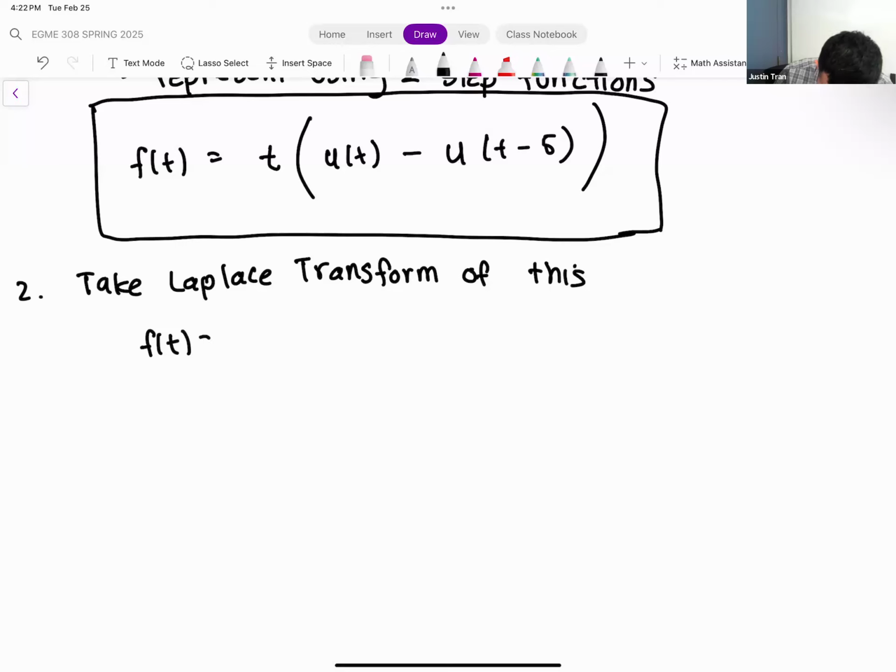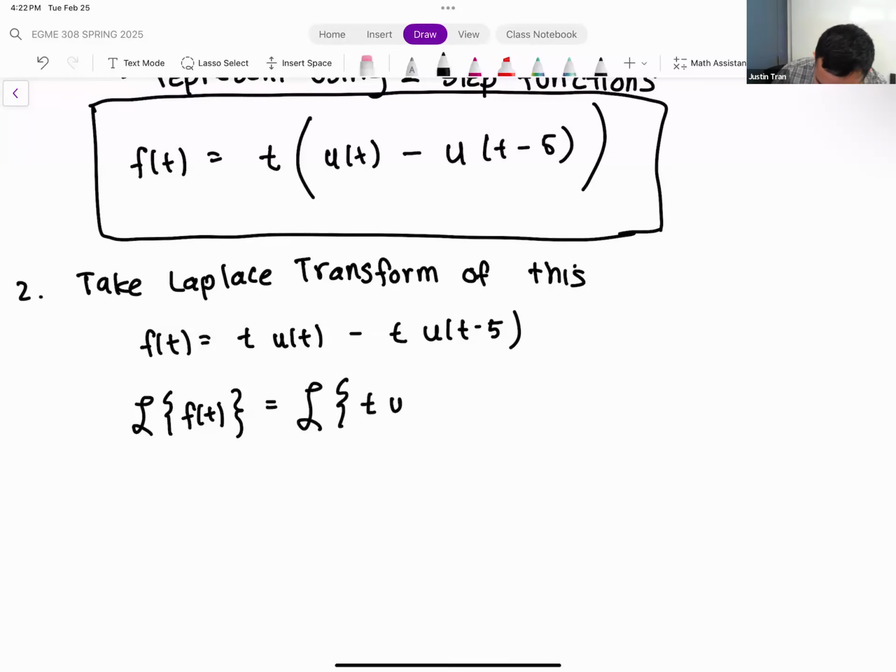So f of t is equal to t u of t minus t u of t minus 5. Then let's take the Laplace transform of f of t. That's going to be the Laplace transform of t u of t minus the Laplace transform of t u of t minus 5.